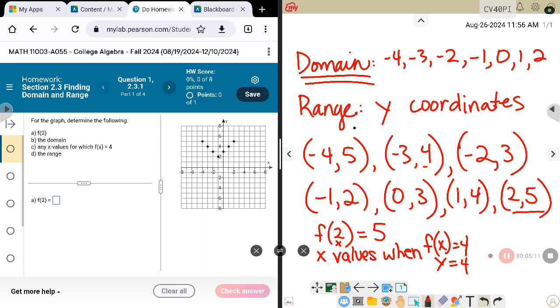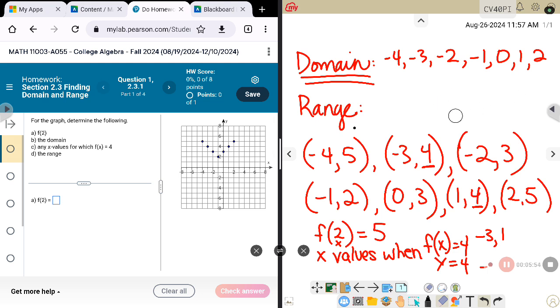That would be here, and going through it, there's another one. So at those 2 points, the y is 4. What are the x values at those points? The first one is negative 3, and the other one is 1. So when the y is 4, your x's are negative 3 and 1.